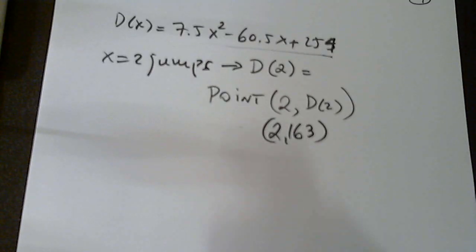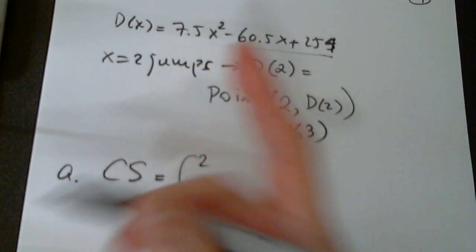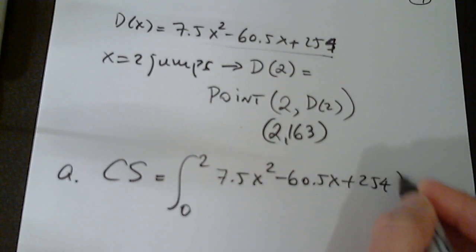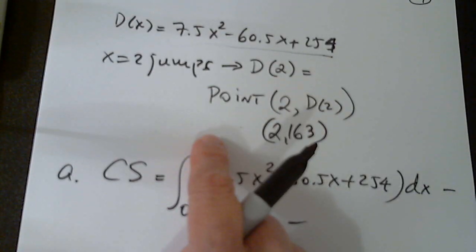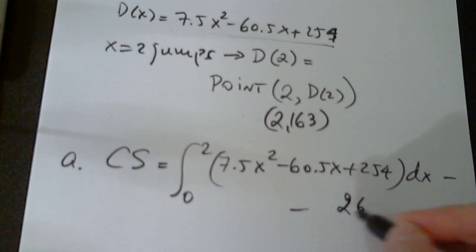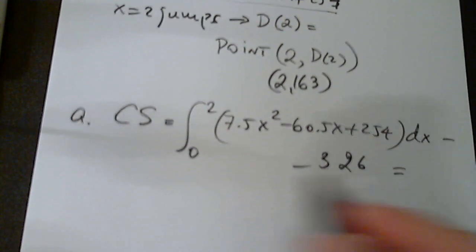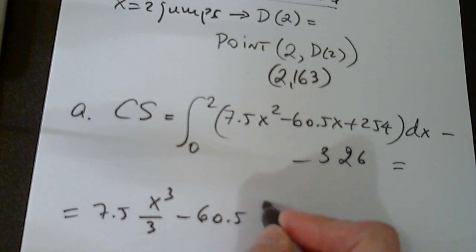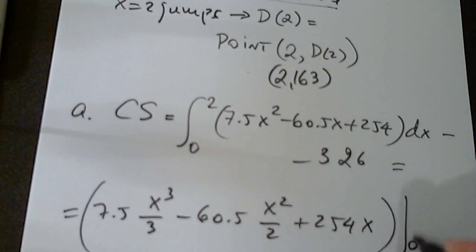Okay. So in part A, the consumer surplus for 2 jumps is the integral from 0 to 2 of 7.5x squared minus 60.5x plus 254 dx minus this product, base times height, 326. Okay, so this is 7.5x to the third over 3 minus 60.5x squared over 2 plus 254x from 0 to 2 minus 326.